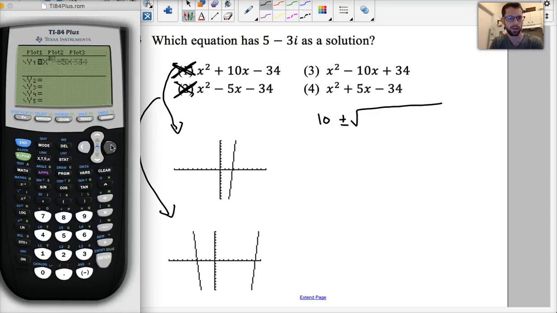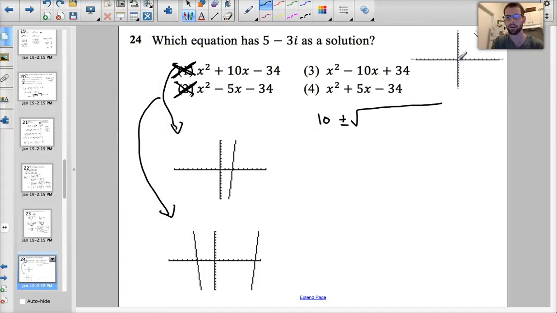So x squared minus 10x plus 34. Yep. So sure enough, this one's looking much more promising, right? This one here has imaginary roots, clearly.